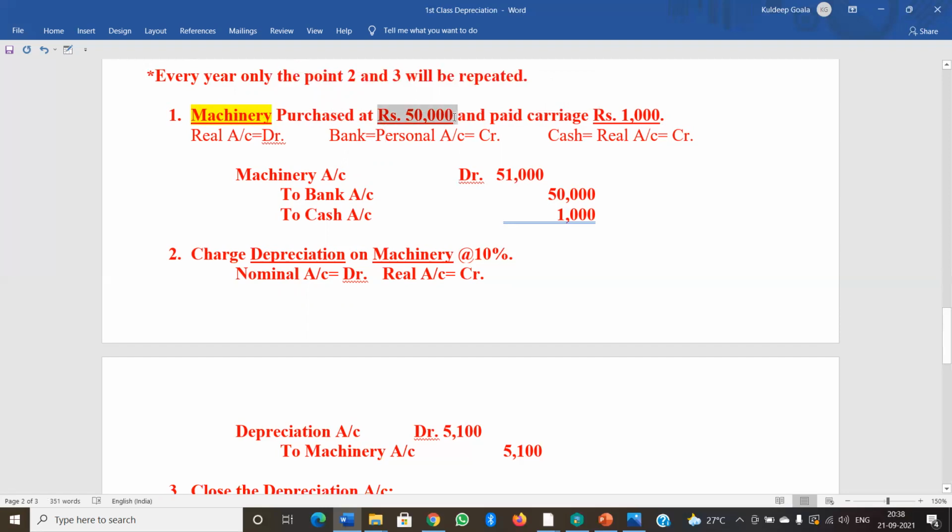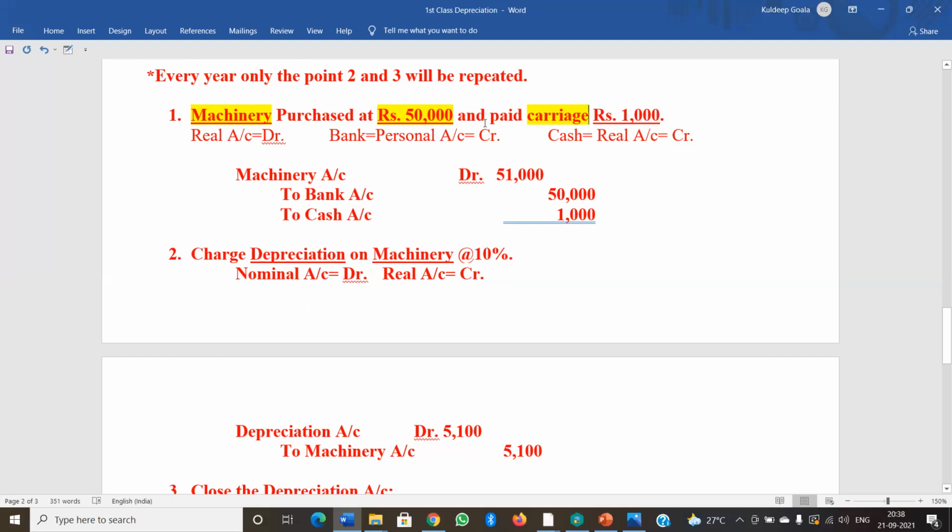Then we have cash of 50,000 and carriage of rupees 1,000. We have got machinery, we have got cash or bank, you can say, and carriage. You can even write cash here because cash is not mentioned or bank is not mentioned. Whether you are making the payment through check or in cash, it's not mentioned. So you can assume it to be cash.